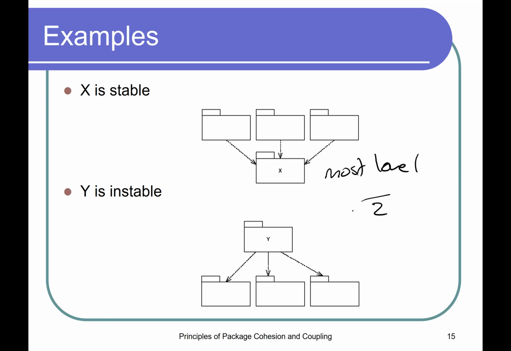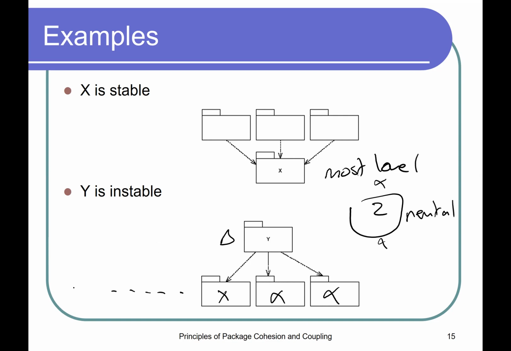Let's just say Z here has no dependencies, nothing here and nothing here. It will be neutral. This one over here is the most hated. But why is it most hated? Because if I make a change in this one over here, or in this one, or in that one, any one of those will trigger a change and a redeployment of Y, because Y depends on them.